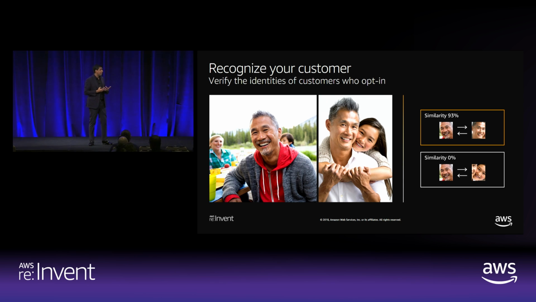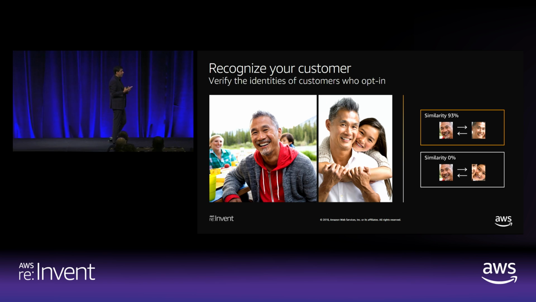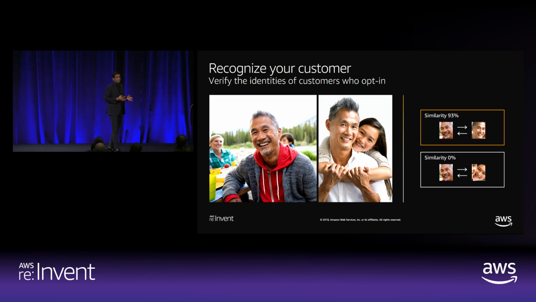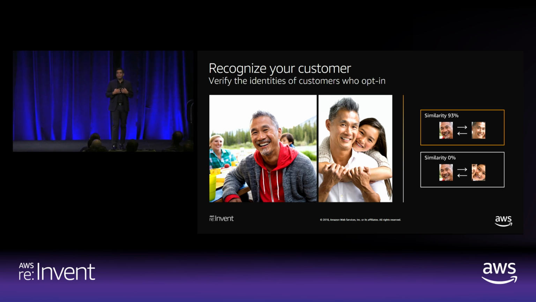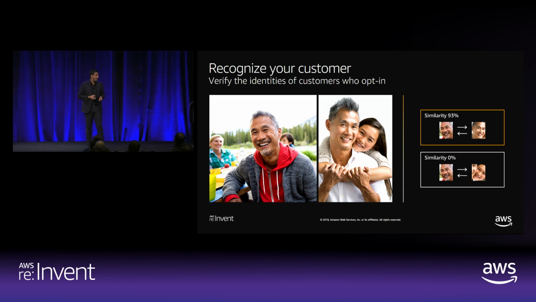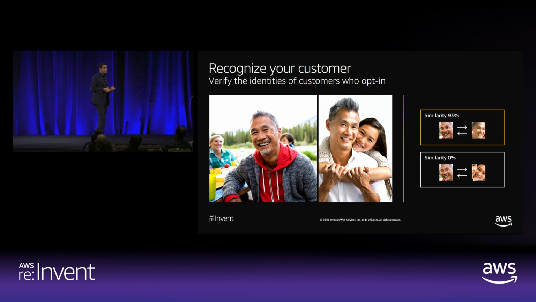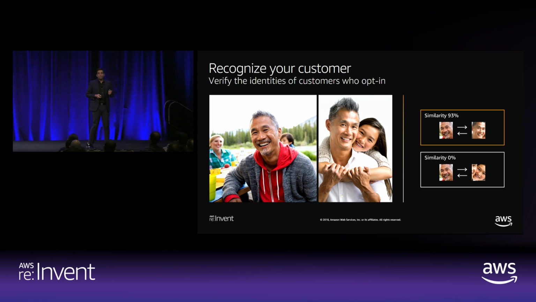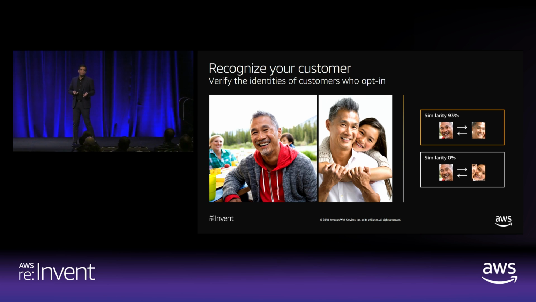Now, something to remember here is that with Rekognition, your data is yours, which means we do not use your data for training or improving our model without explicit consent from you. And that's a very, very important distinction to keep in mind. So in terms of security and privacy, you get the best of breed while you continue to get the best of accuracy and ease of use from our solution.